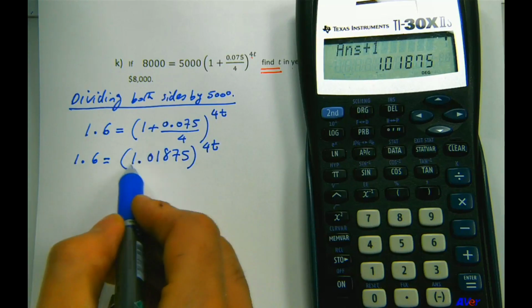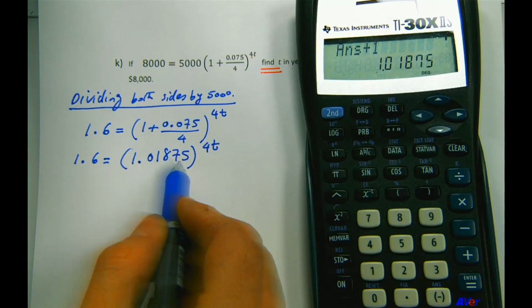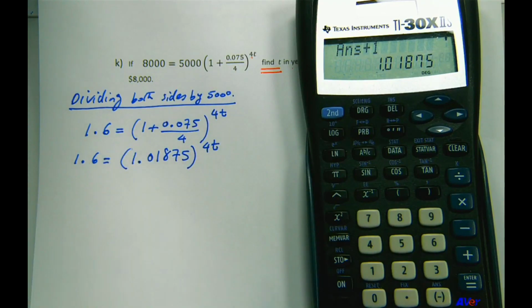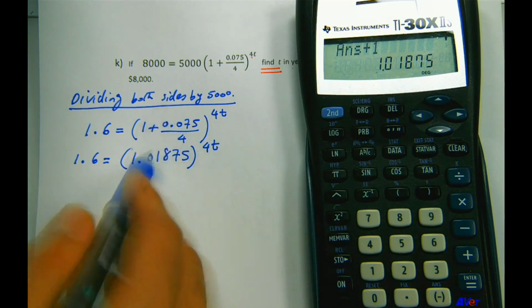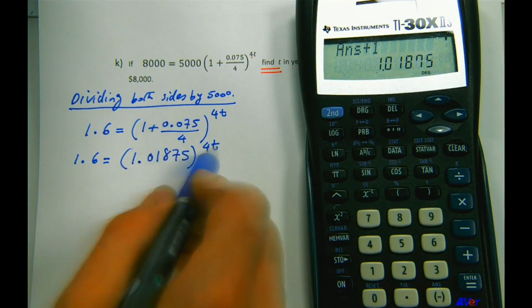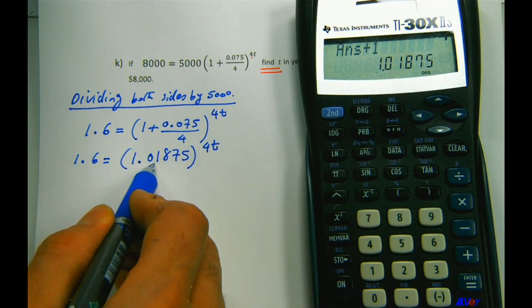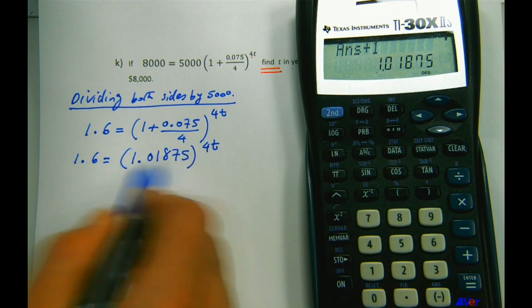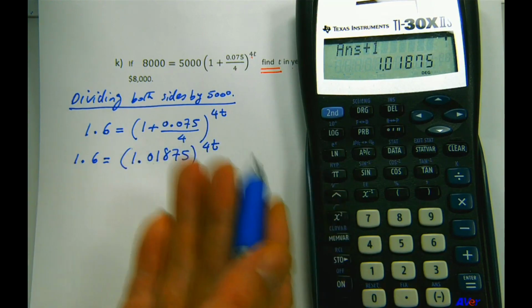If 1.01875 was being multiplied by 4t, you could divide both sides by that quantity. But no, in this case, this 4t is the exponent of this. So you need to bring this 4t down, otherwise you can't proceed further than this.